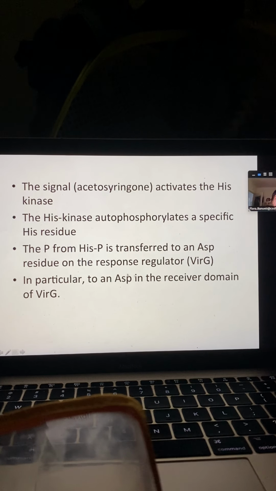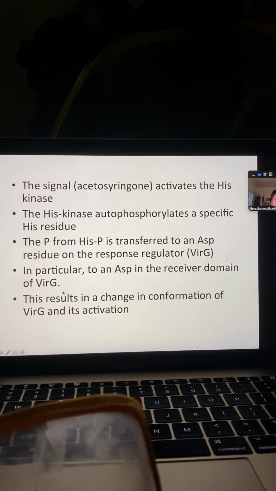Specifically, the Asp residue is in the receiver domain of VirG. Once this Asp residue is phosphorylated, so this phosphate from here is transferred directly here, it causes a conformational change, allowing VirG to recognize and interact with the Vir box and activate transcription.